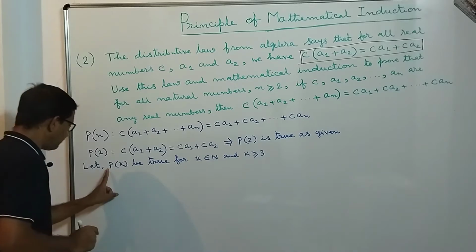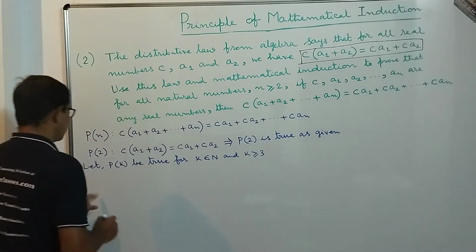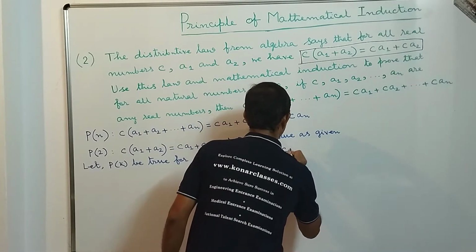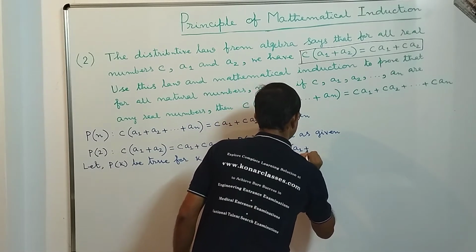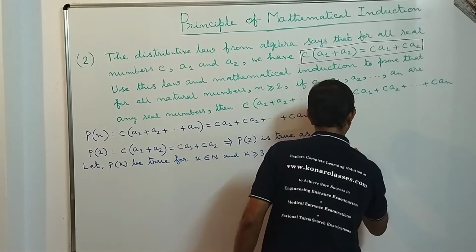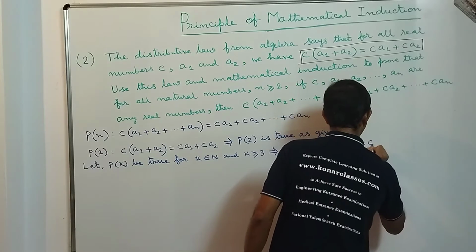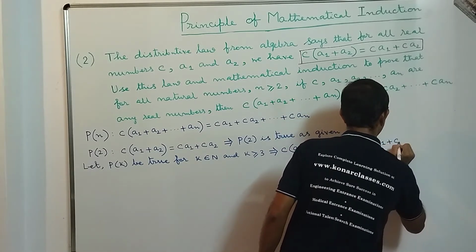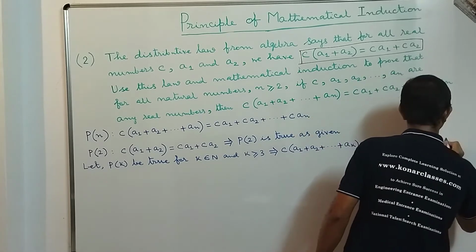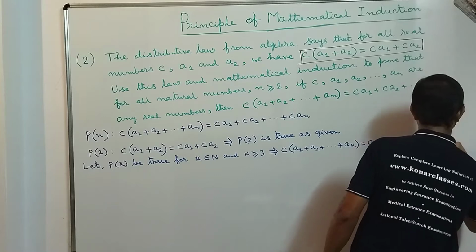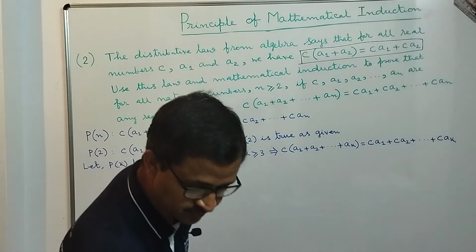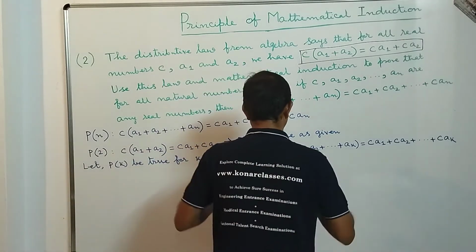So the moment we assume that Pk is true, that implies C into (A1 plus A2 plus ... plus Ak) is equal to CA1 plus CA2 plus ... plus C into Ak. We are assuming that it is true.